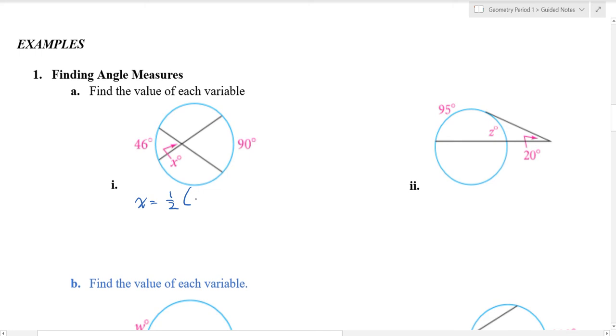One arc happens to be 46 degrees, and the other arc happens to be 90 degrees. This is because of Theorem 7-15, case 1. Then we simplify. We get 1/2 times 136, and that gives me 68 degrees. That's the answer for that one.